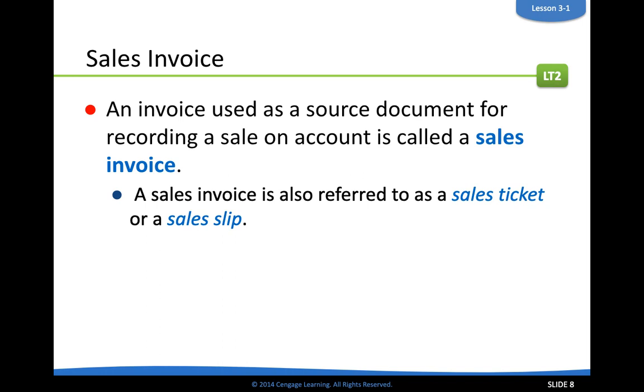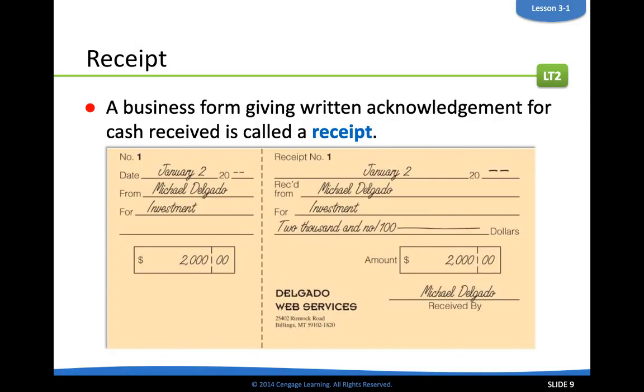Just to be a little bit more specific about the invoices, you have sales invoices, which is kind of the same thing. They might also be referred to as a sales ticket or a sales slip, a receipt for conducting business. So if we look at some of the different components, you can see that it indicates a very similar transaction to the one we were just working with.